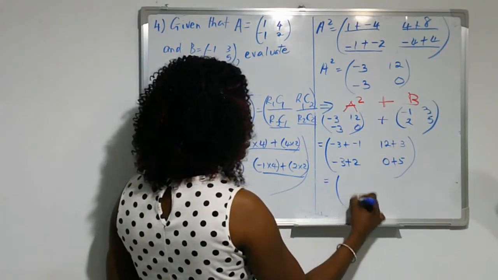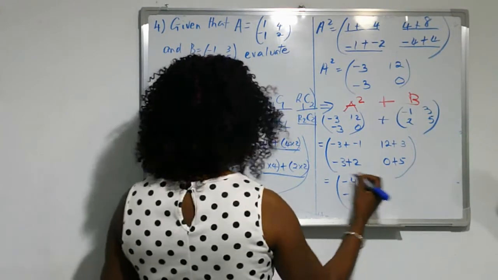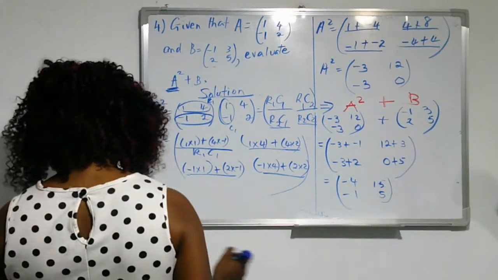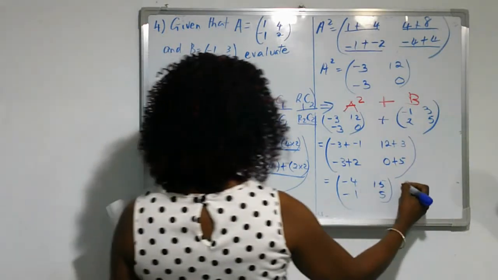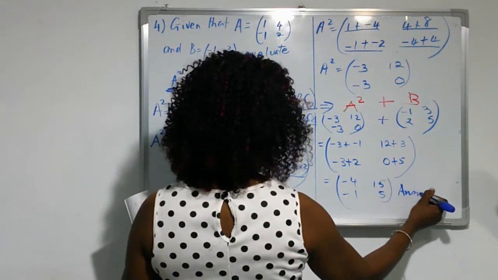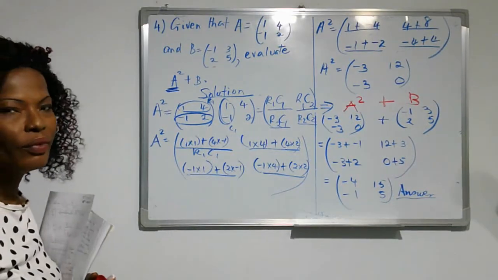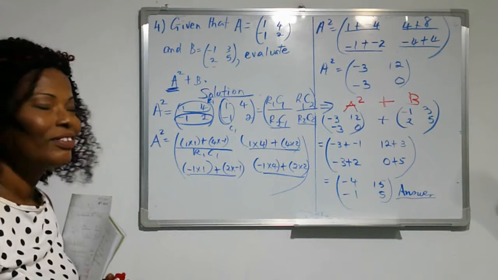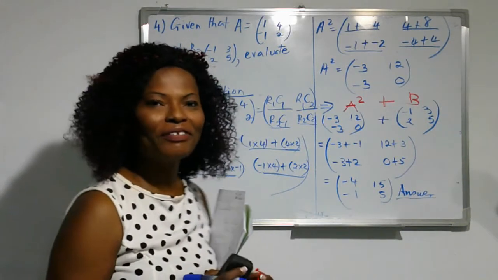So our final answer is negative 4, negative 1, 15, and 5. Don't forget to write the word answer. Okay. So that's it for number 4.